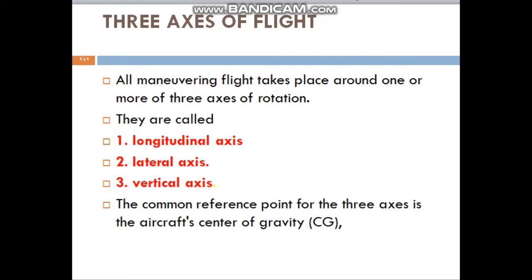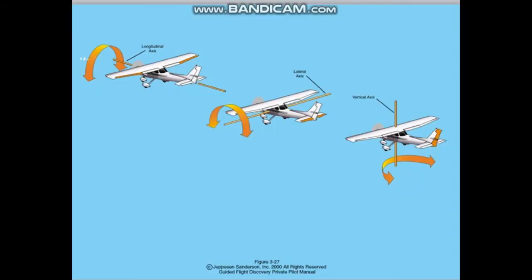The common reference point for the three axes is the aircraft's center of gravity. Here we have the longitudinal axis, the lateral axis, and the vertical axis, and all of them are centered on the center of gravity.